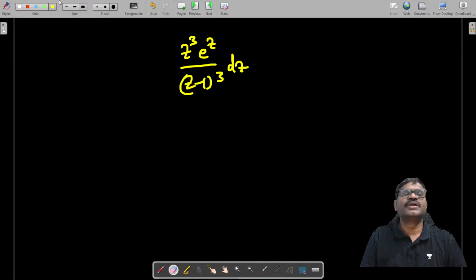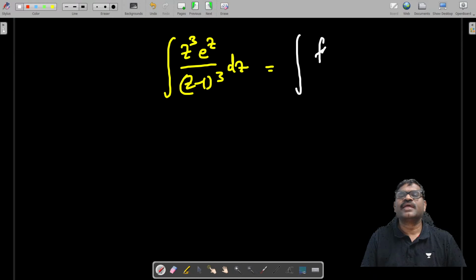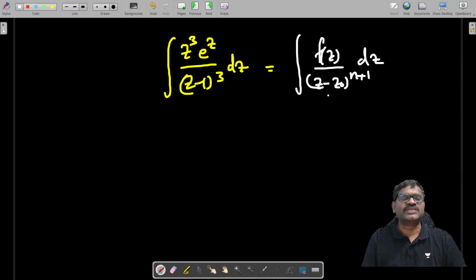Now, I am comparing this problem with f of z by z minus z naught whole power n plus 1. When I compare this one with this, you can go for the integral formula.